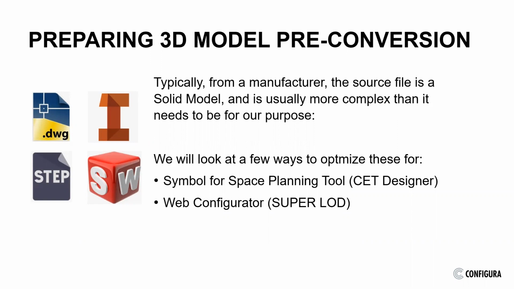Our purpose in our community is basically to make symbols for space planning, in this case for CET Designer, and of course for web configurator. For both of these, we don't really need the manufacturing model to be in the platform itself. But that usually is our starting point.